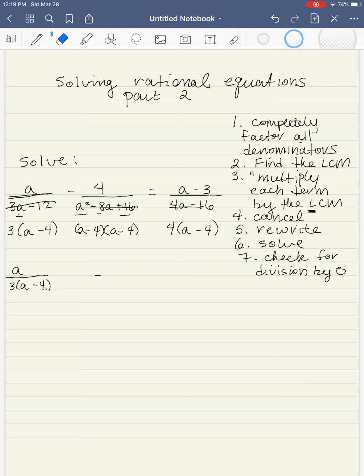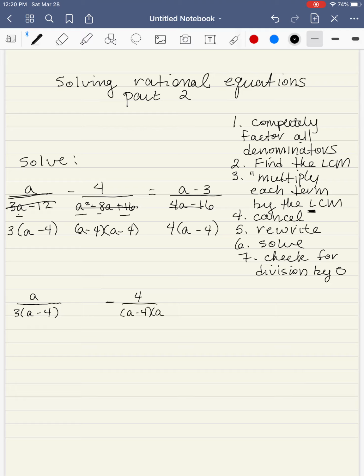Actually, I'm going to drop down even further so I have lots of space here. All I'm doing at this step is not algebraically necessary. This is just housekeeping, giving myself some room and seeing what I'm dealing with. So once I have completely factored each of those denominators, I'm rewriting this.